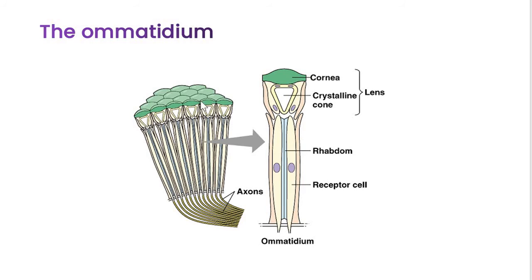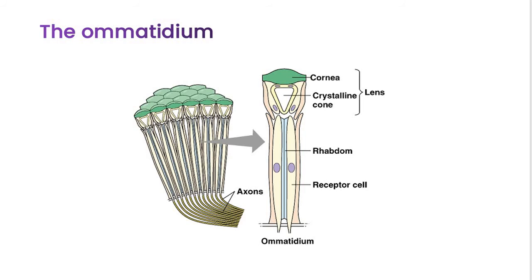Here you can see this is the compound eye. These are the ocelli, and they form the compound eyes, the chief visual organs of the majority of insects.